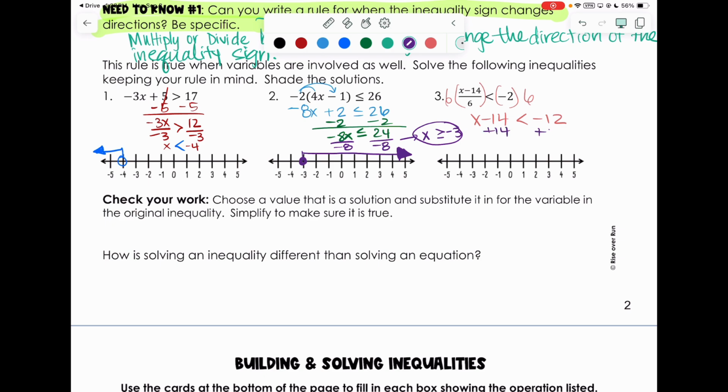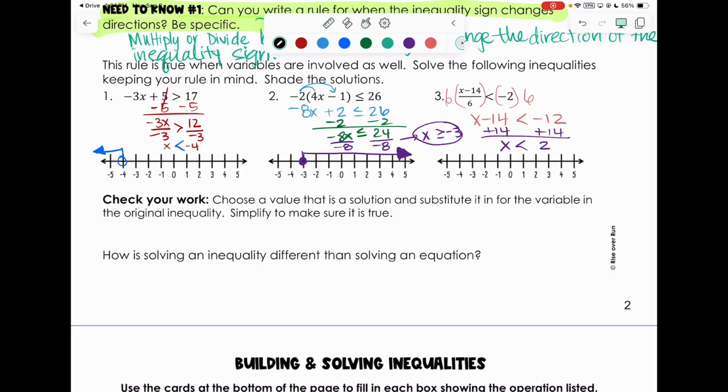Done. Then I have x is less than 2. Is it less than 2? Raise your hand if you got x is less than 2. Raise your hand if you switched the sign and said x is greater than 2. Raise your hand if you didn't do it. Why?